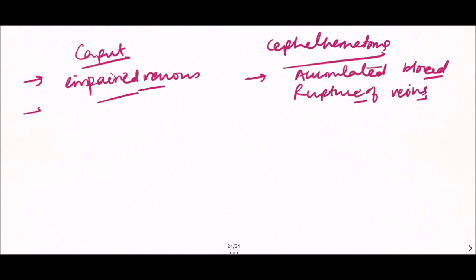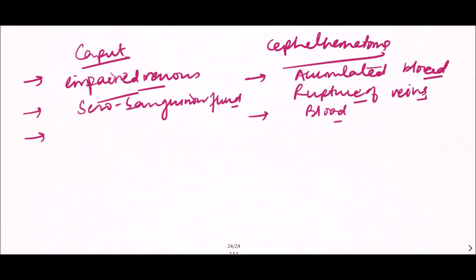Now the collection is basically serosanguinous fluid in case of caput succedaneum, but blood is there in case of cephalhematoma. Now, caput succedaneum is common as compared to cephalhematoma, but cephalhematoma is rare. It is seen in less than 1% of cases.